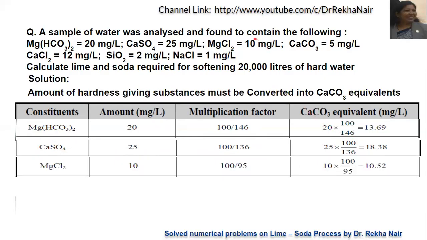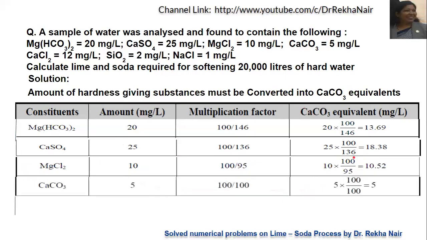The next constituent given is magnesium chloride. Amount is 10. Multiplication factor is 100 upon 95, where 95 is the molecular weight of magnesium chloride. We are taking it because the valency of magnesium is 2. So the CaCO3 equivalent will come out to be 10 into 100 upon 95.